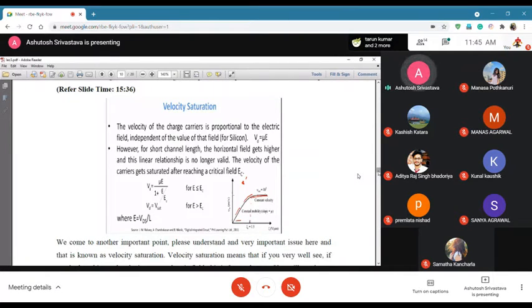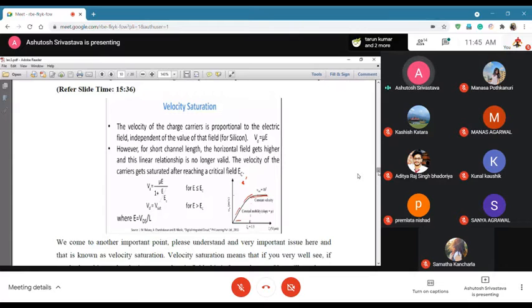So let's talk about velocity saturation. The velocity of the charge carrier is proportional to the electric field, independent of the value of the field, for silicon.